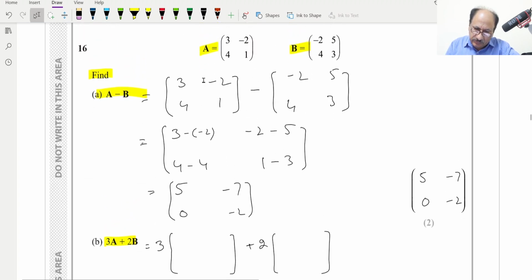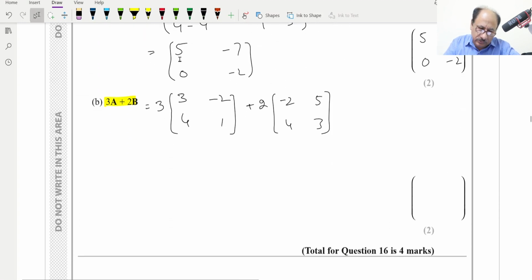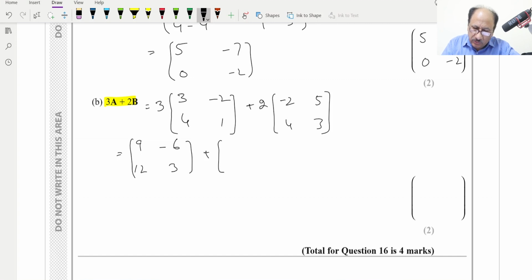So A is 3, minus 2, 4 and 1, and B value is minus 2, 5, 4 and 3. And now we can solve this one. 3 times, this will be 9 and 12, minus 6 and 3. We are multiplying. Then this one will be minus 4, 8 and 10, and this will be 6.